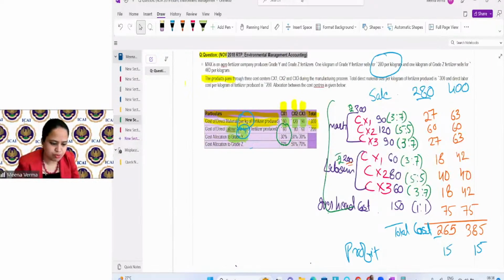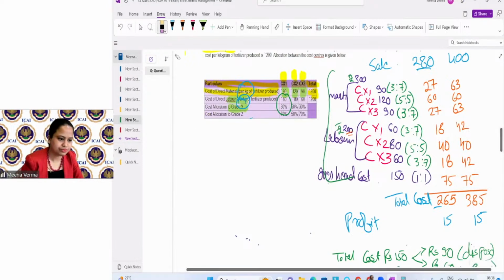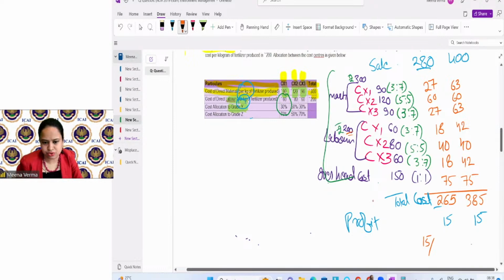Now, if you want, you can calculate the profitability ratio also. These are the profits from these two products. So what is the profitability ratio here? 15 divided by total sale 280. 15 divided by total sale 400.